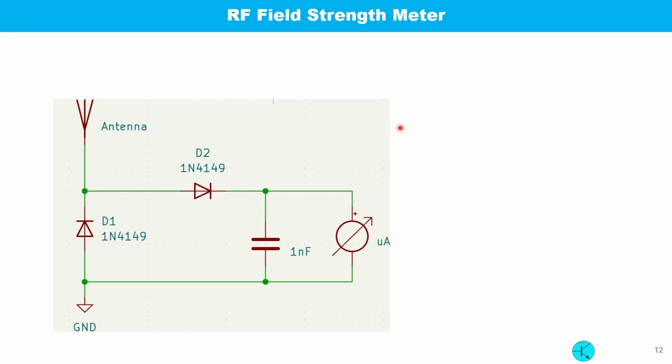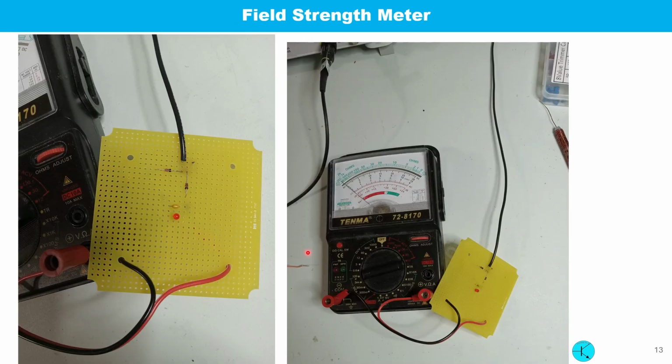For tuning, I used a simple field strength meter. It consists of 2 diodes, 1 capacitor, 1 small antenna, it could be a foot long, and a microammeter. These are the photos of the field strength meter. I used a multimeter with microampere setting.